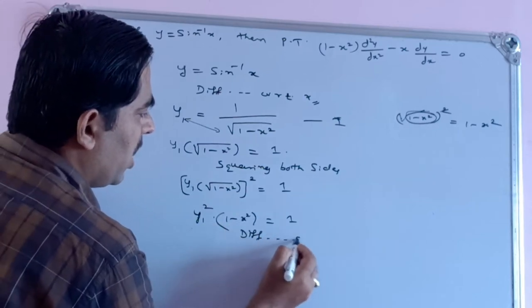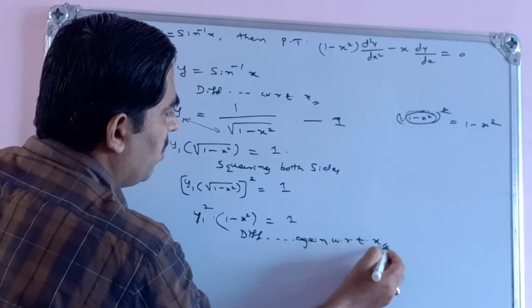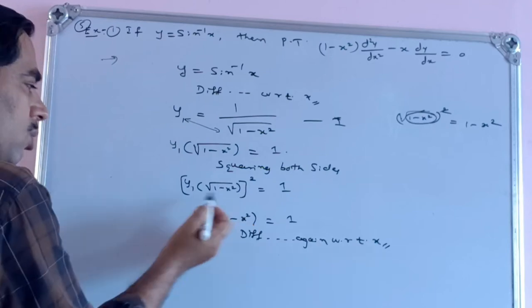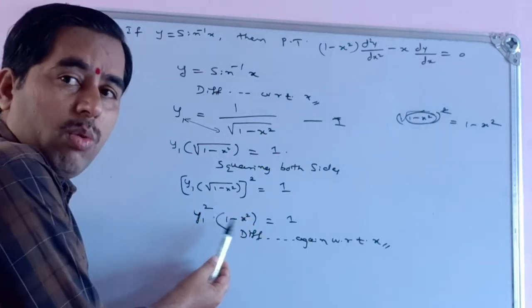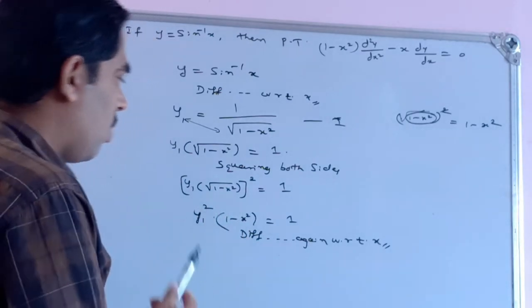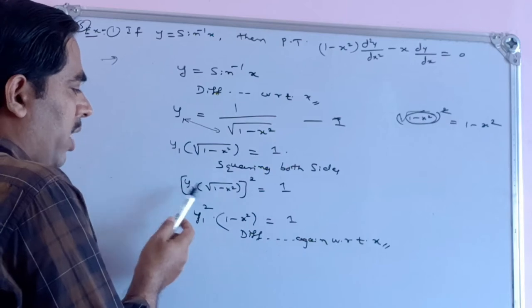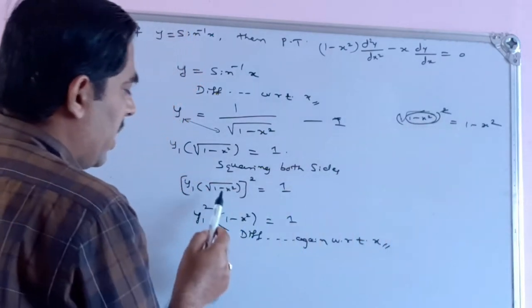Differentiate again with respect to x. For the left hand side we can use the product rule. What I got after squaring both sides is y1 square into (1 minus x square).